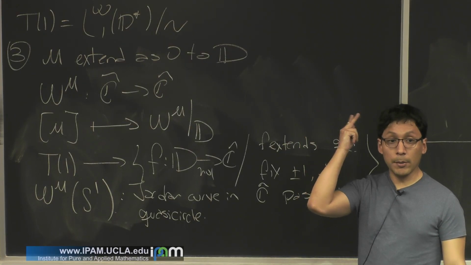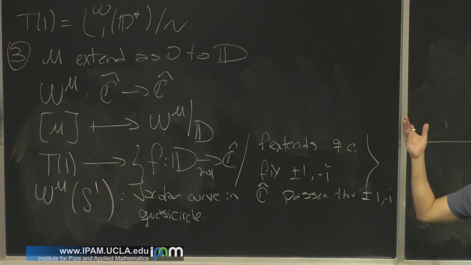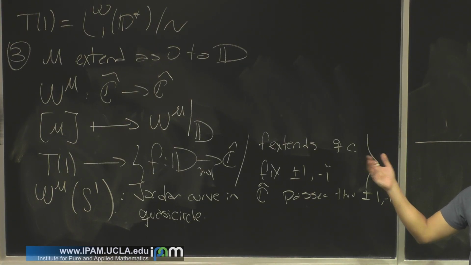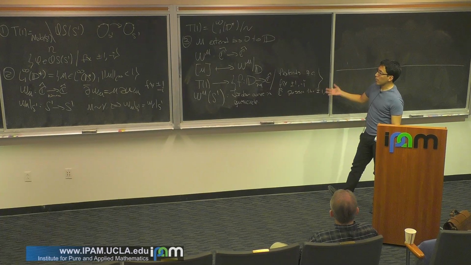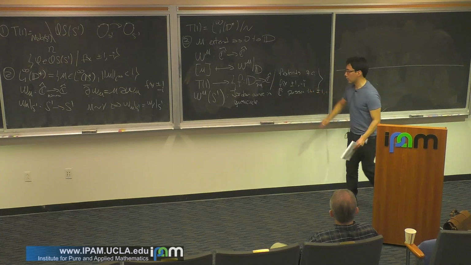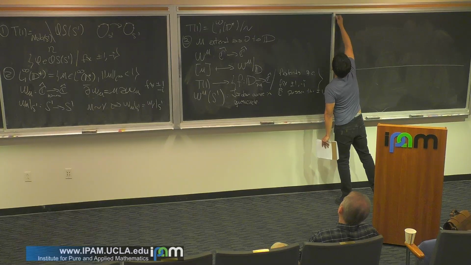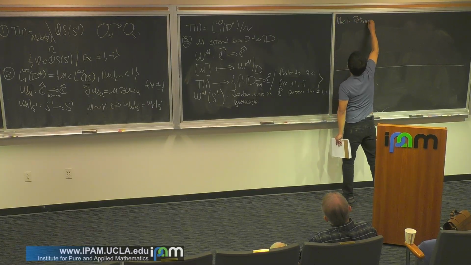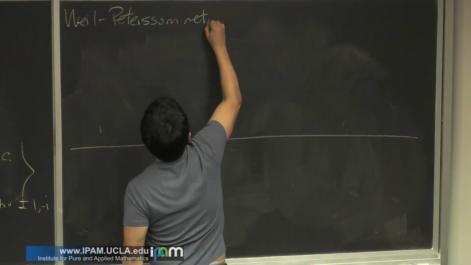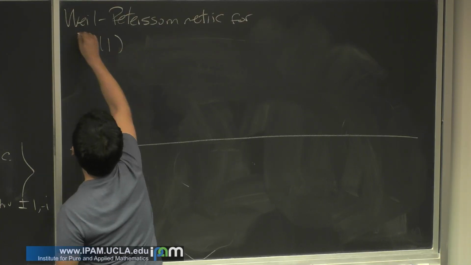So observation 1, observation 2, in the talks in the morning, this Weil-Petersson metric was discussed. It was a very natural metric to have there. It was used to talk about probability in the space of surfaces. That metric has a natural extension to this space, which is, again, the Weil-Petersson metric for T1.